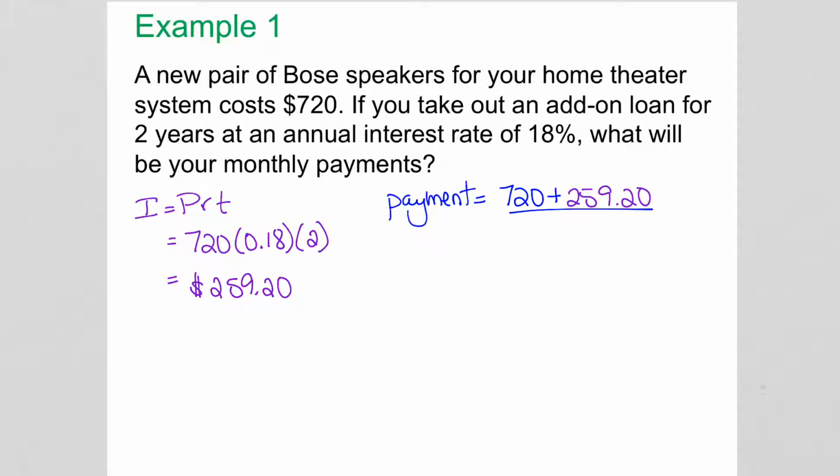If it's 2 years, it'll be 24 months. So that's $979.20 divided by 24. You're going to need to pay $40.80 per month.